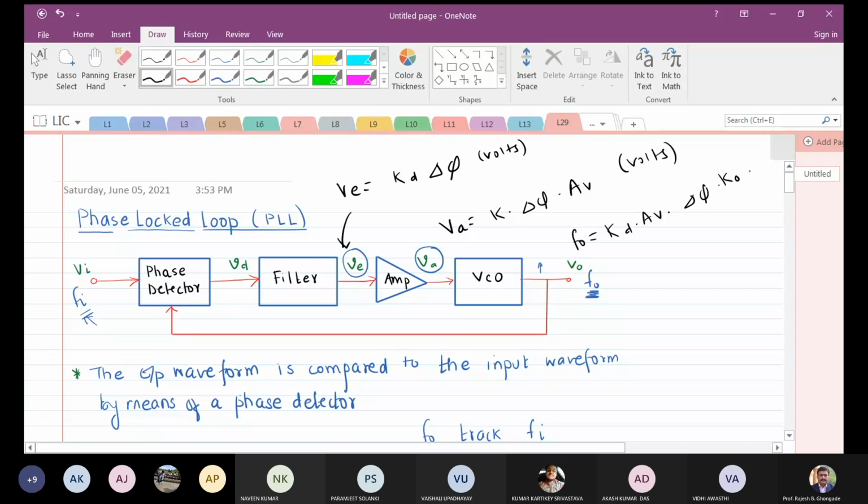So many hertz. Here your output is Fo. This is your Fi. Phase difference between these two is delta phi. This is actually the summary of whatever we have learned so far.